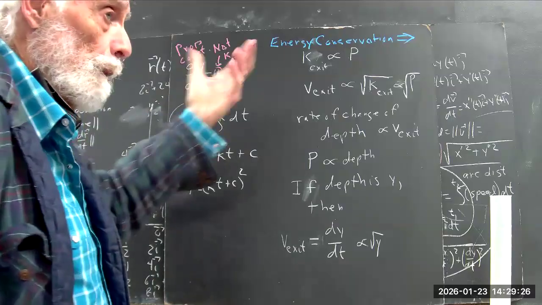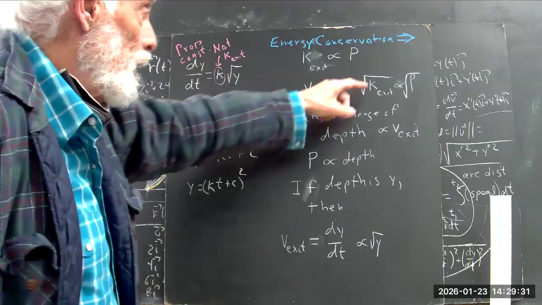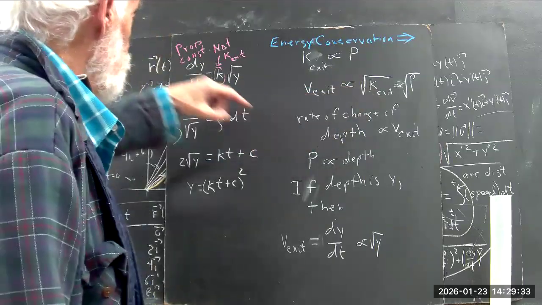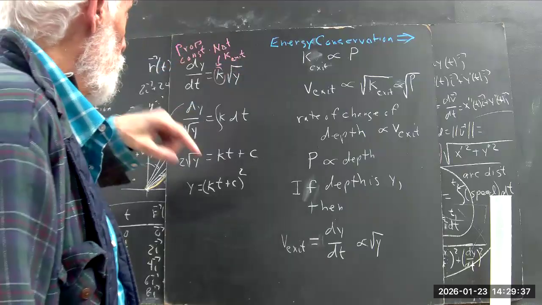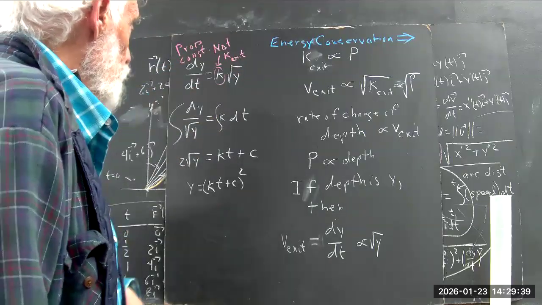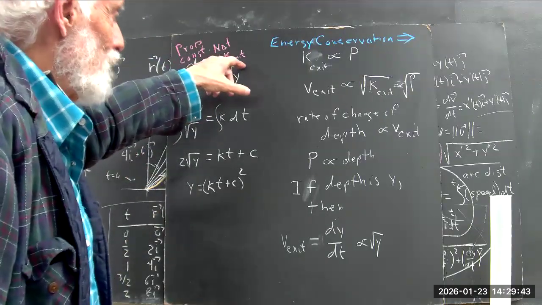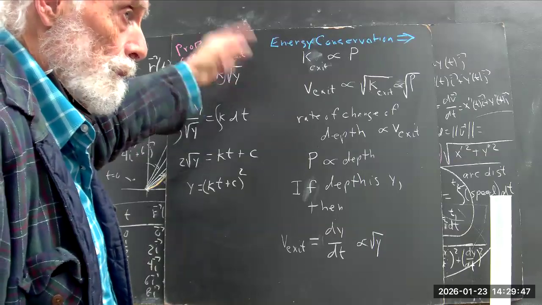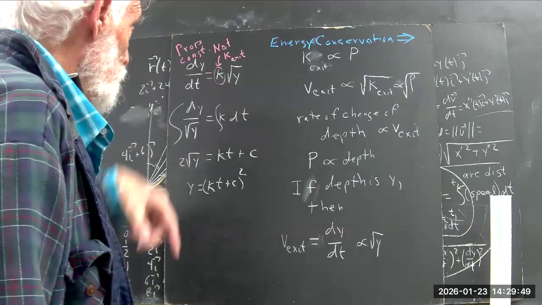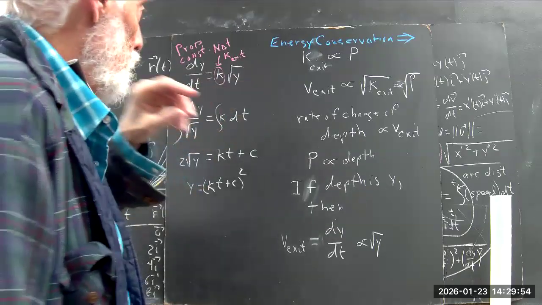We often use k for proportionality constant. And note that this is not the K exit. The big capital K exit is kinetic energy of the exiting water. This is a lowercase k, and it doesn't have the exit subscript on it. So it's a different constant. It's not an arbitrary constant.